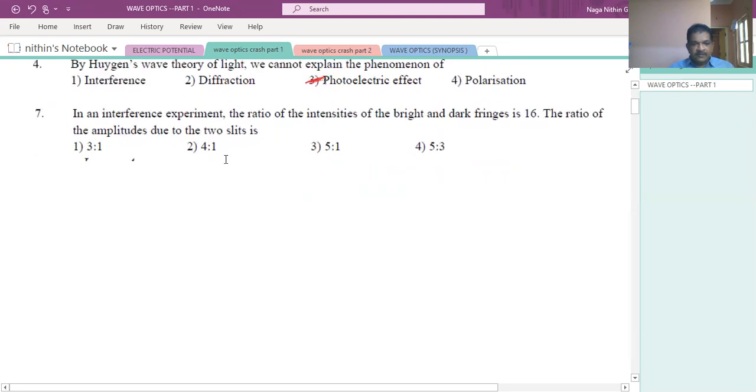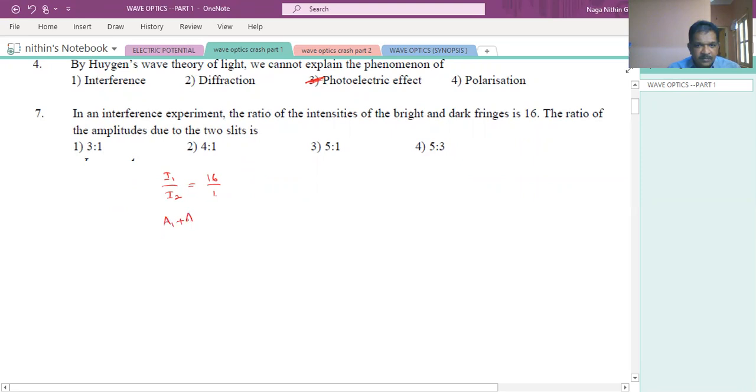Next, in an interference experiment, the ratio of intensities of bright band and dark band, I1 by I2, is equal to 16 by 1. They are asking what is the ratio of the amplitudes.